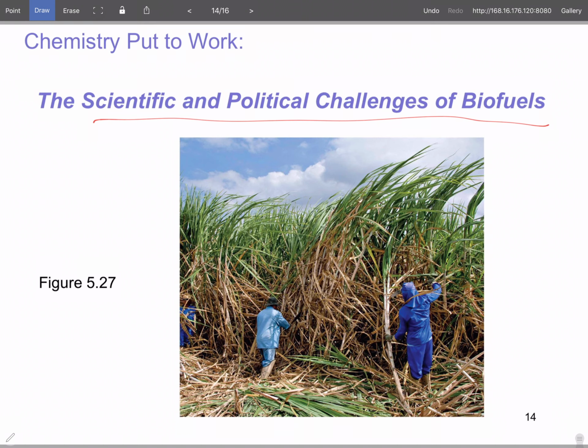The problem with it is that the corn that would normally go to feed people starving in other countries is now going to ethanol, it's not going out. So the question is, is it better to make the biofuel or is it better to feed people? And there's huge debate about this, and you can take either side you want. The bottom line is you just need to understand what the ramifications are.